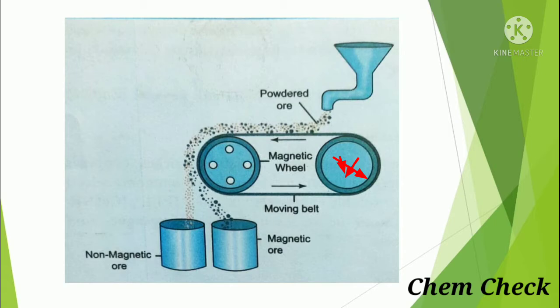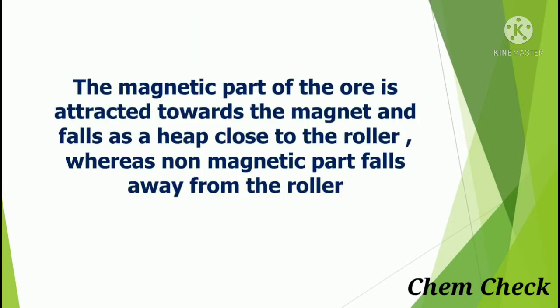Here, magnetic ore will be attracted by the magnetic roller, and as a result, it falls as a heap close to the roller, whereas the non-magnetic material falls slightly away from the roller. So in this way, we can explain the process of separation of substances of which one is magnetic and the other is non-magnetic in nature.